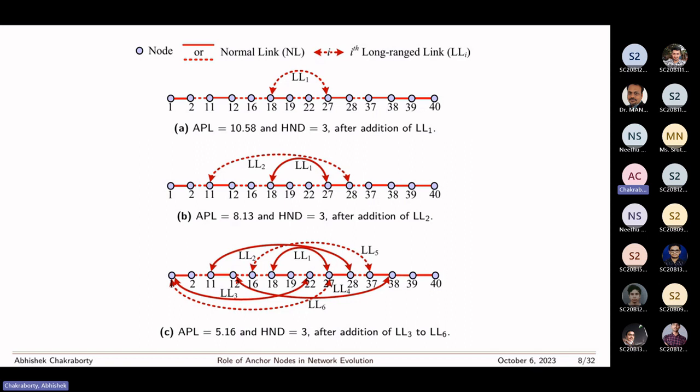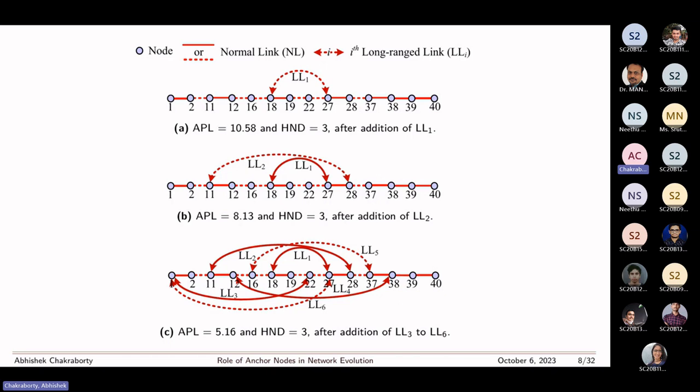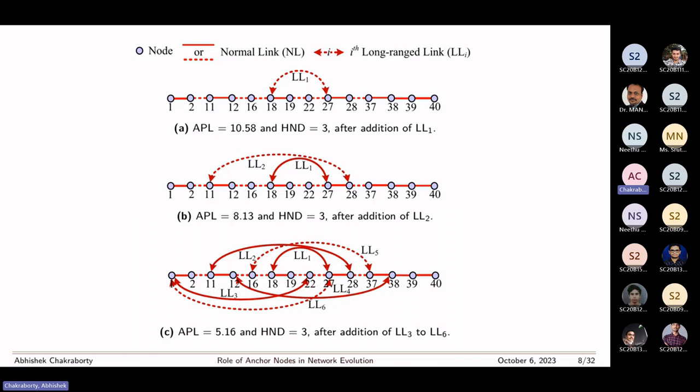HND means the node with the maximum number of connections. For example, node 1 has only 3 links: one between 1 and 2, one between 1 and 27, another between 1 and 22. Like that, we have identified how many connections there are for each of the nodes. So even if we have added 6 links, the highest neighbor degree never goes very high, like 6 or 5. It's not going like that.